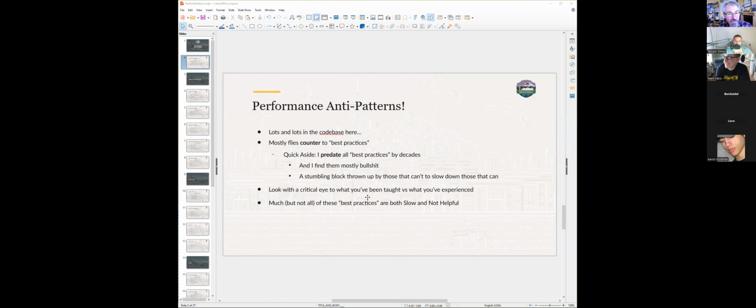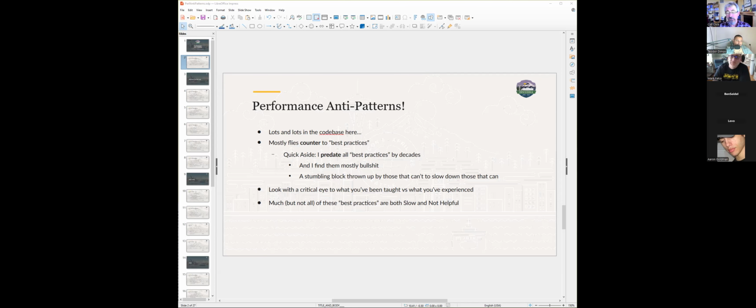Okay, fine. So this is about performance anti-patterns, in other code bases, but Hashgraph as well. I find lots and lots of these, and a lot of them fly counter to, in scare quotes, best practices. As a quick aside that I'm sure everyone has heard me say before, I predate all best practices by decades.